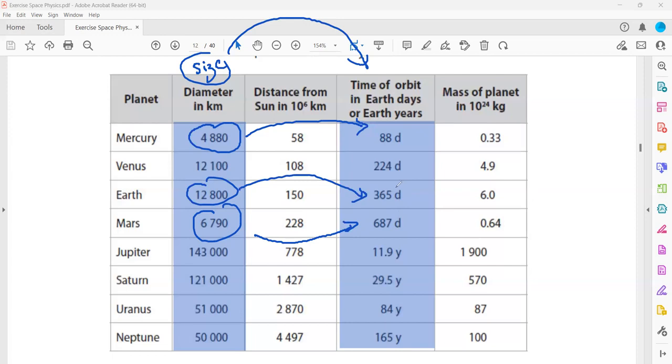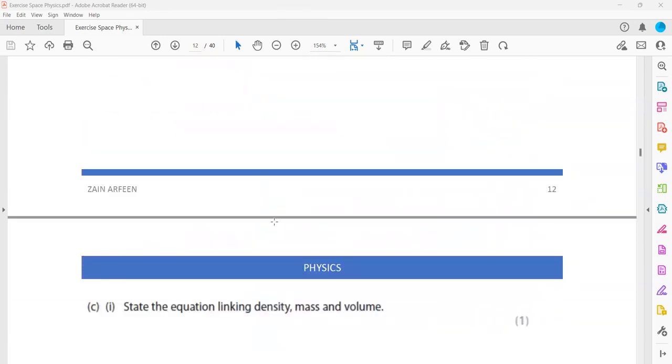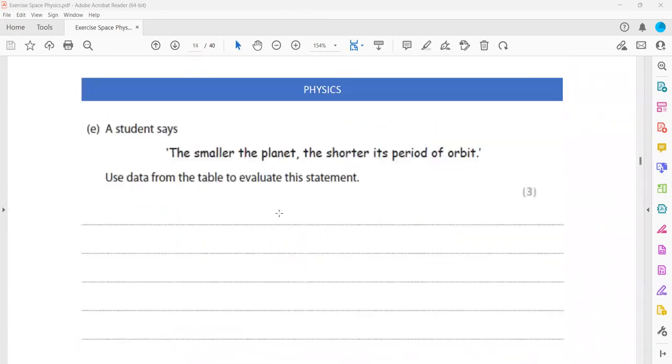So the correct answer for this is that there is no direct correlation between the diameter or size of a planet and the orbital time. Some planets have a smaller size and may take a longer time. Some planets have a larger size and may take a short time. So the correct answer for this question is, there is no direct correlation between the size of the planet and the orbital time.